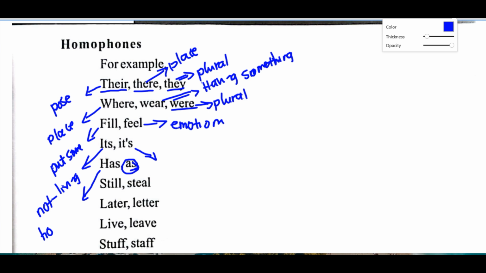She speaks as that one. Then we have "still". Still simply means not moving, not changing. You are still here. Then this one, "steal", is for taking something without the consent of the owner. You are stealing.